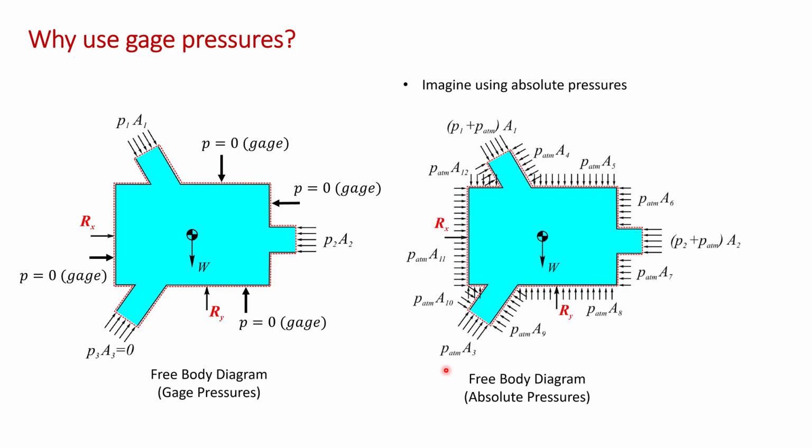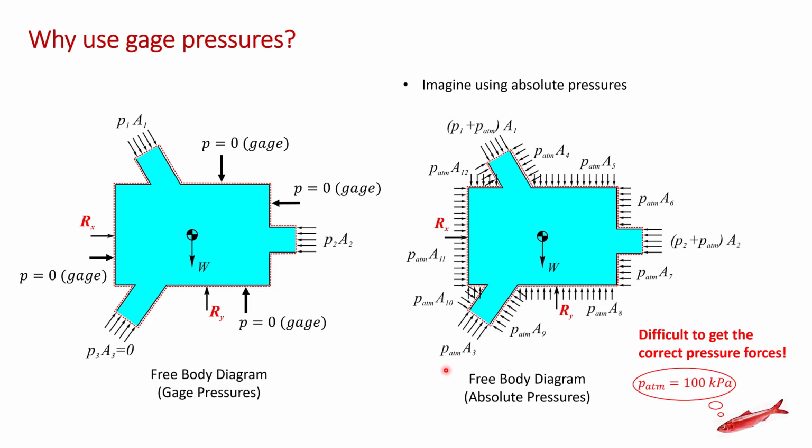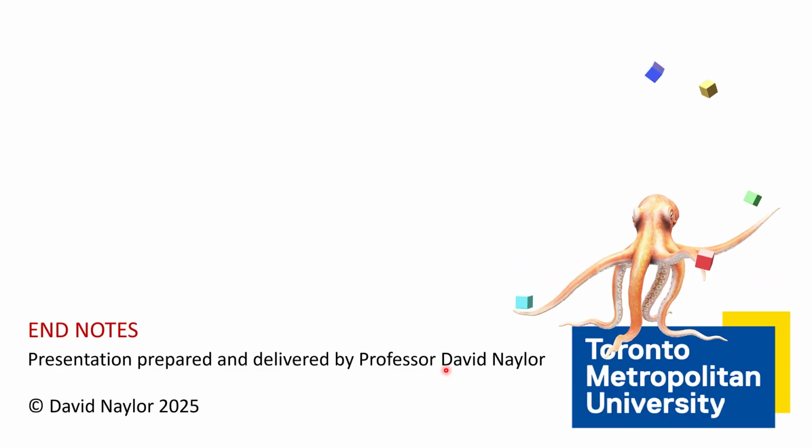So I hope you can see that this becomes an integration nightmare. It's possible, of course, but it becomes extremely difficult to get the correct pressure forces if you work in absolute pressures. So by now, you should have noticed that the atmospheric pressure given in the problem statement, that 100 kPa, was a red herring. You don't need it. You only need the gauge pressures. And that completes this presentation.